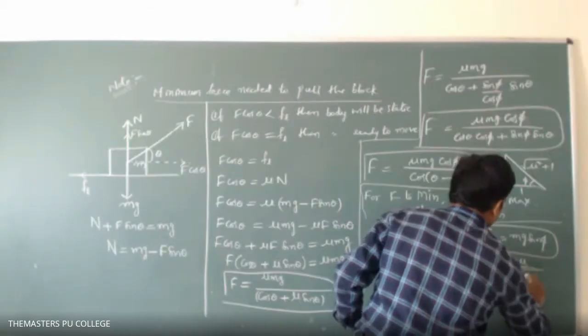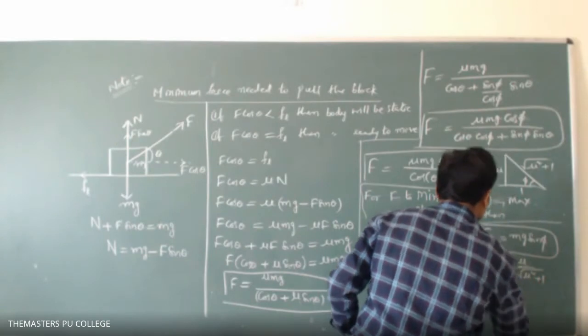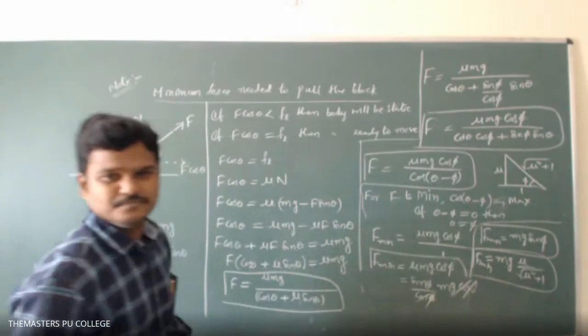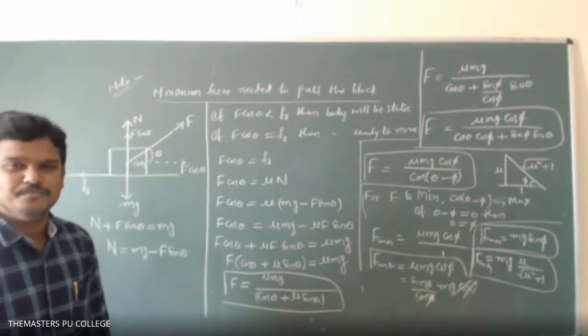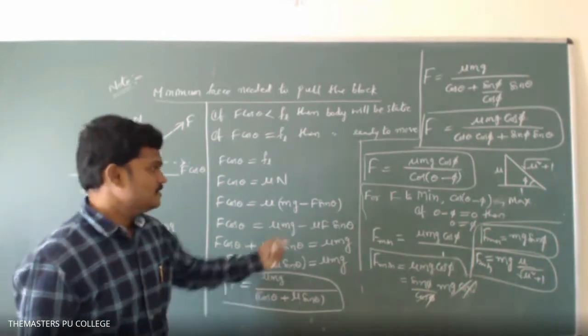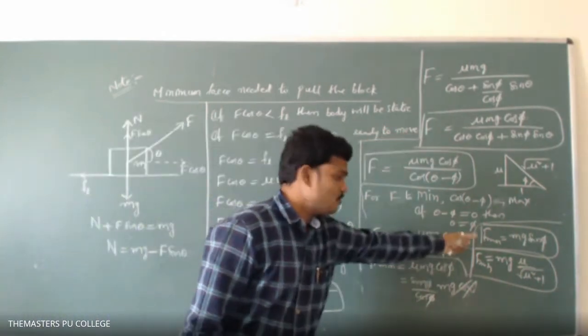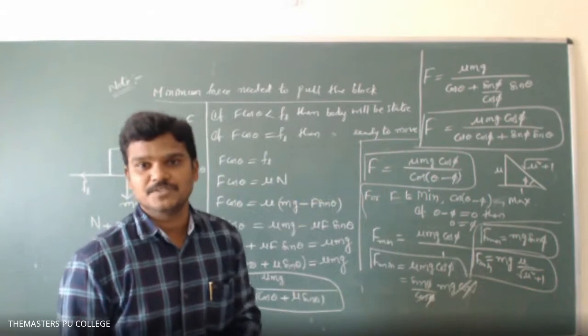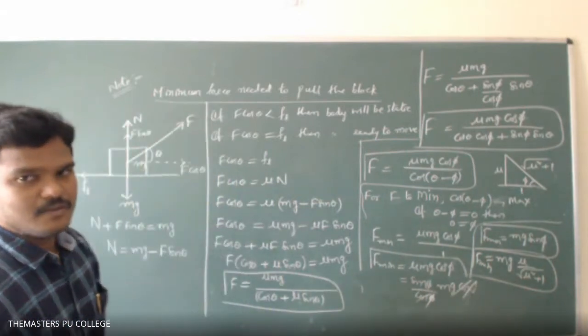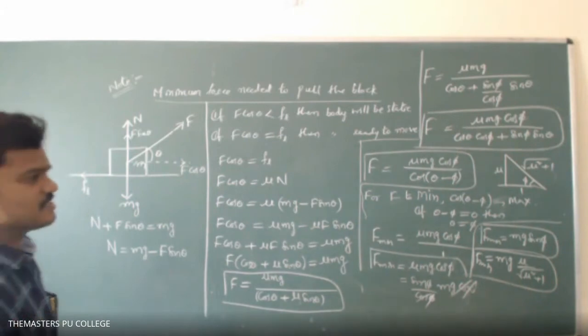See, try to remember all these different model formulas. So mu mg by root of mu square plus 1. These are the minimum forces, type 1, 2, 3, 4, 5. Based on the given option, you can go through the formula. Otherwise, let me give one problem to get some confidence.